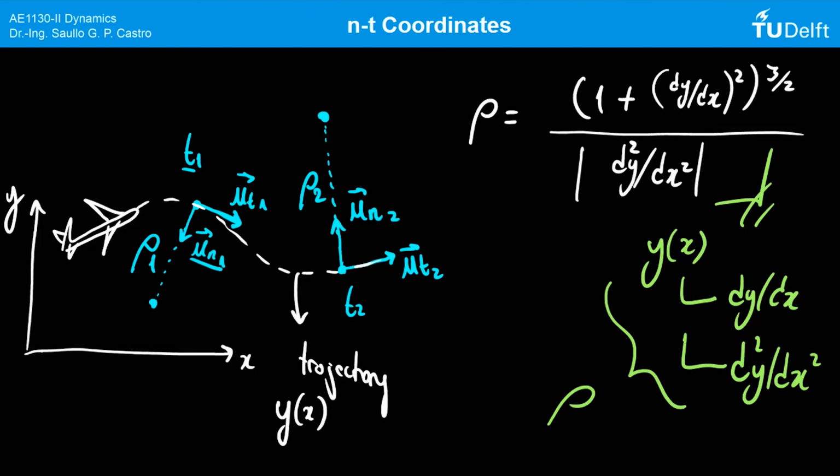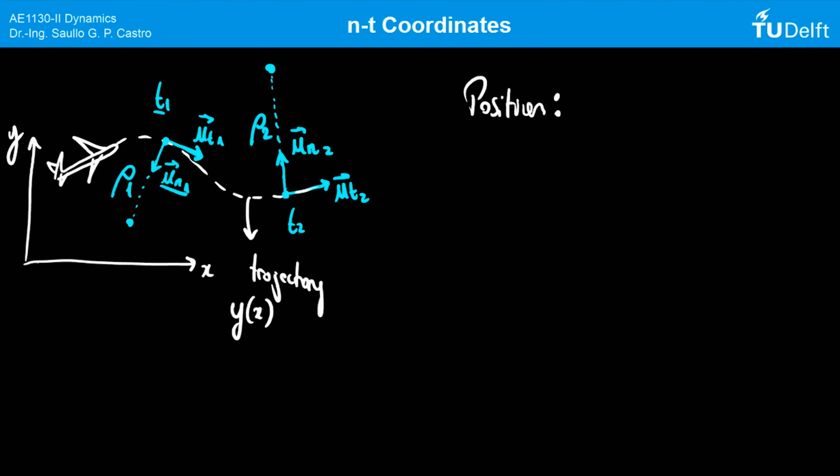And what is so convenient with this coordinate system compared to the others? Let's see now when we define the position, velocity and acceleration. The position is given simply by the pair of coordinates x and y, since we know the function y of x.